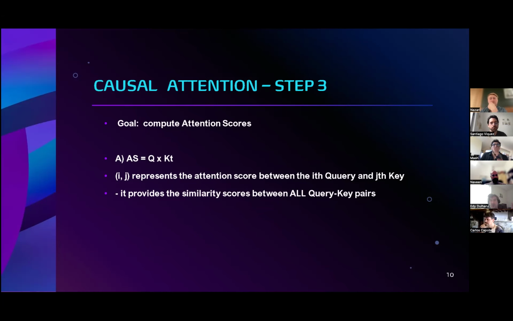Basically, I want to see how close, how similar this word which acts as a query is with regards to all the other words within the sentence, which are now called keys. So I compute these dot products to find how similar these words are within this context.